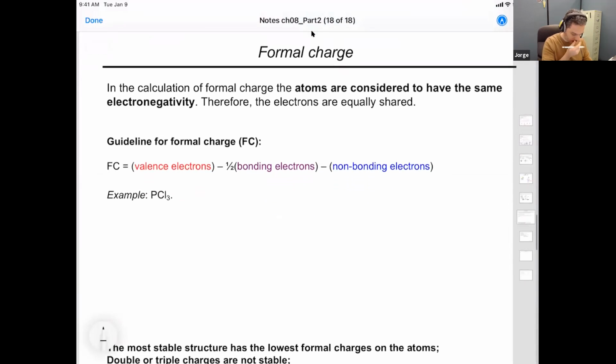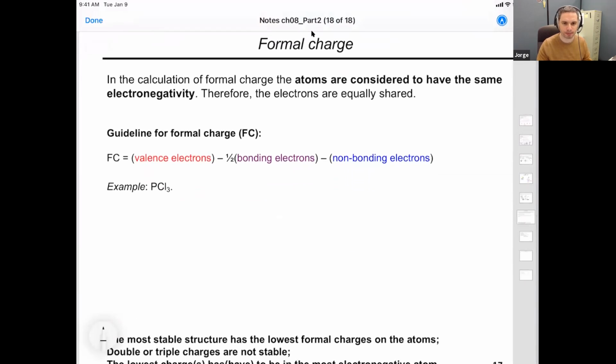So now I would like to introduce the concept of formal charge. In the calculation of formal charge, the atoms are considered to have the same electronegativity. Therefore, electrons are equally shared.